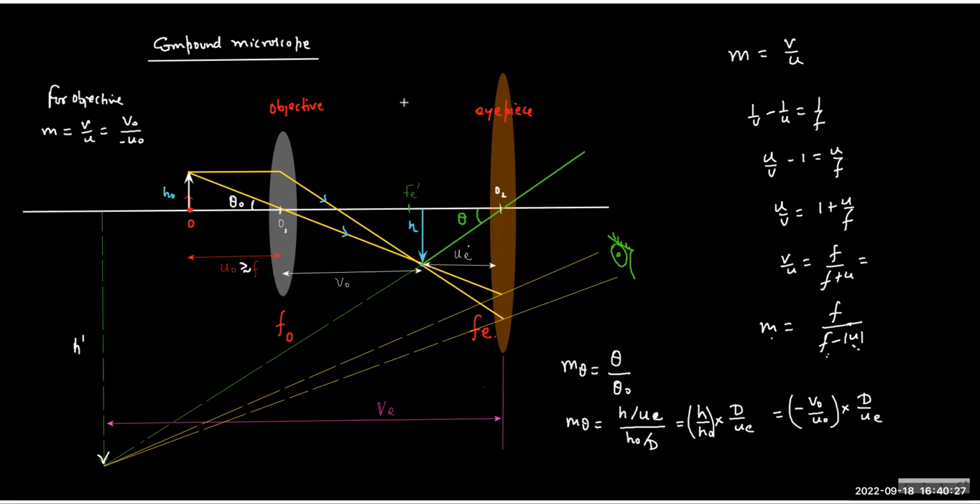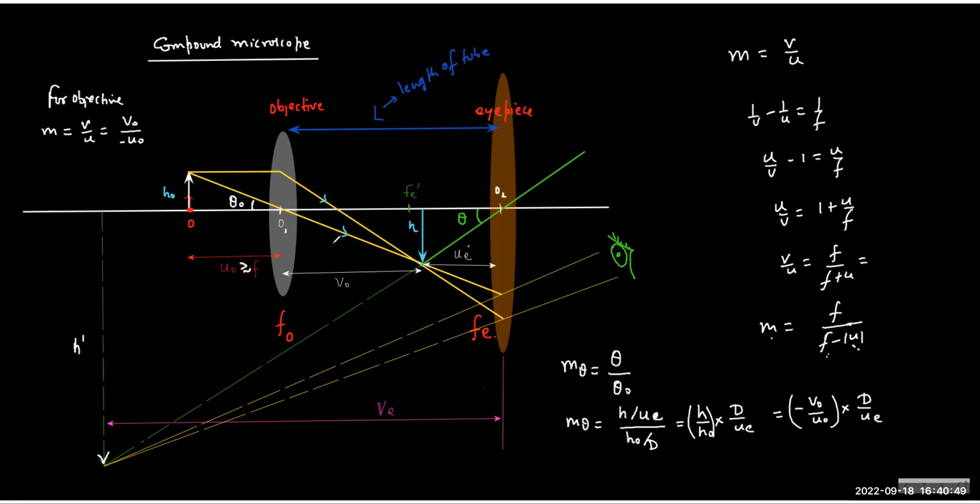Technically, the separation between the objective and eyepiece is called the length of the tube. So these things are put in a tube.